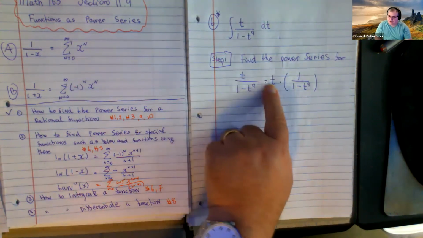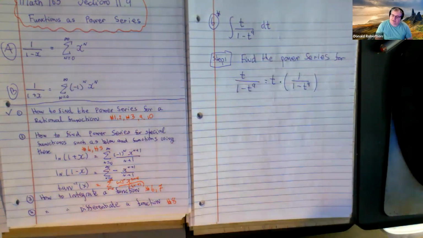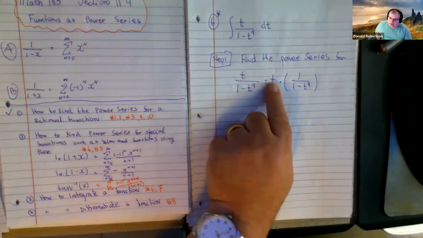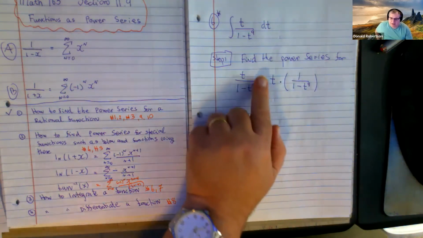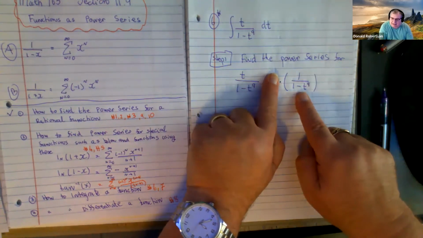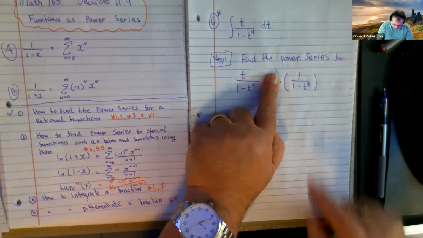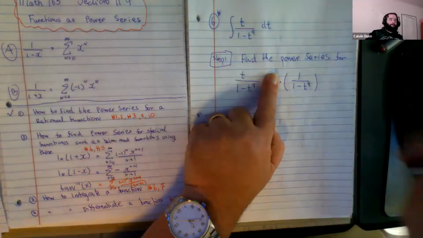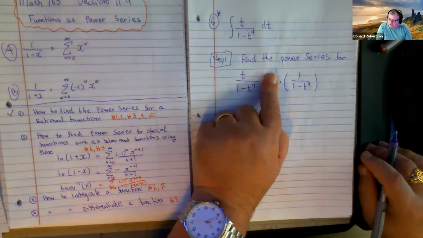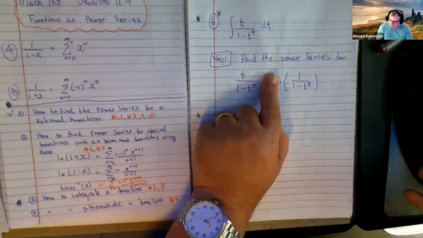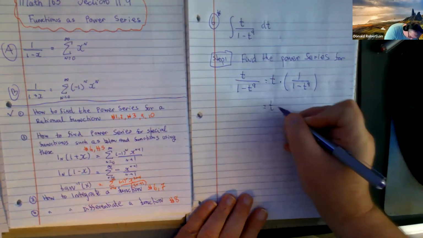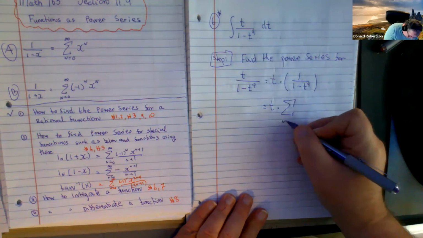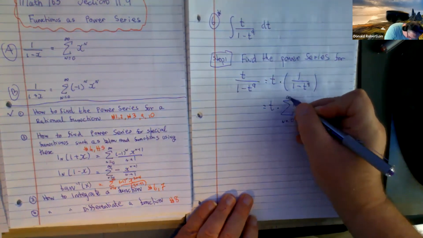So I just pulled out the T times the 1 over guy that's left. Now, if that was T cubed, wouldn't it just be T cubed, that guy, right? So I could do that. Now, this one's open to anybody. A or B, which one do you use with this kind of fraction? A. Are we getting good at picking the A's and the B's now? You know, there's a kind of look to the ones that use A and there's a different look for the ones that use B. So this is going to be T sigma n equals 0 to infinity.